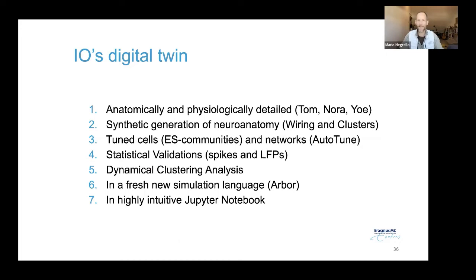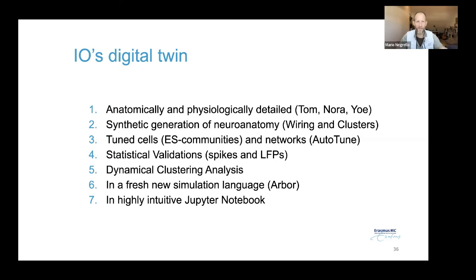To wrap up my talk, I'm 3 minutes over. The IO's digital twin is an anatomically and physiologically detailed model. Thanks to Tom, Nora, Yoe, and others. We do synthetic generation of neuroanatomy with wiring and clustering as a function of known experimental data.